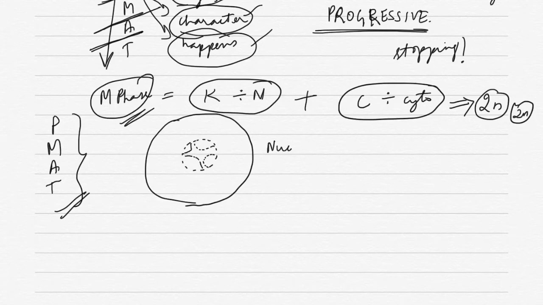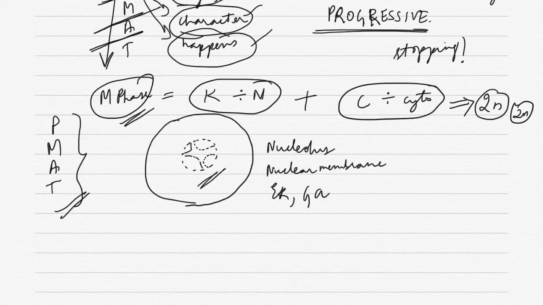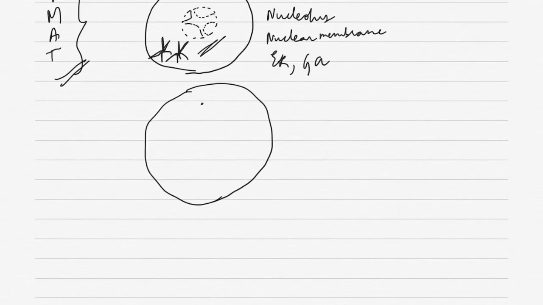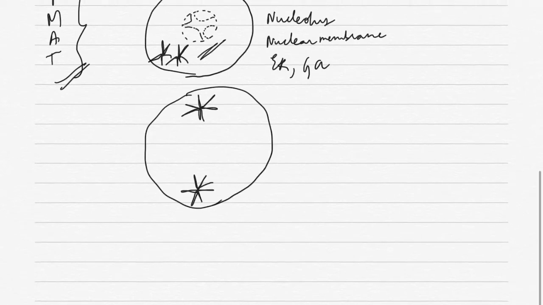We have nucleolus, nuclear membrane, endoplasmic reticulum and Golgi apparatus. All of them disappear. Then we have the centrioles which are formed. These centrioles start moving apart, and then we have the chromosomes condensing here.